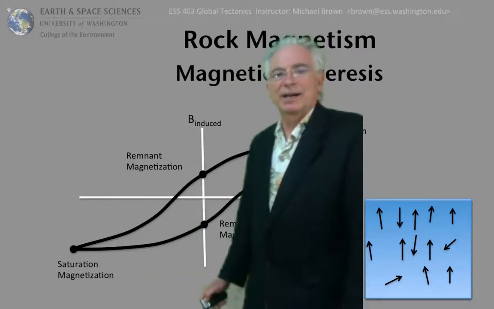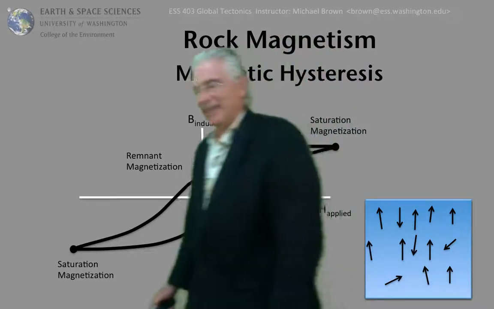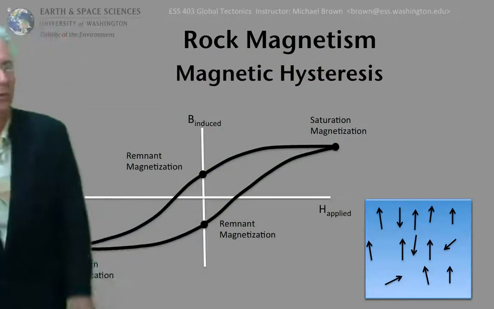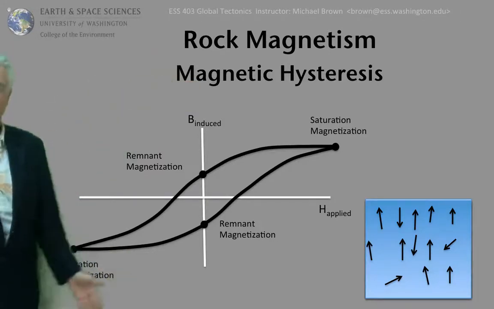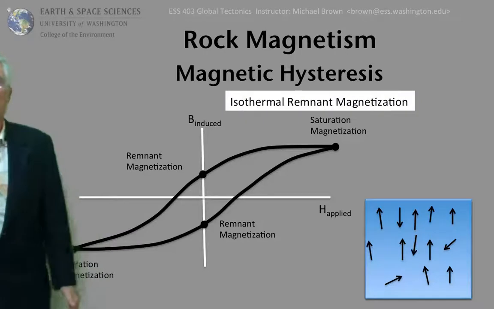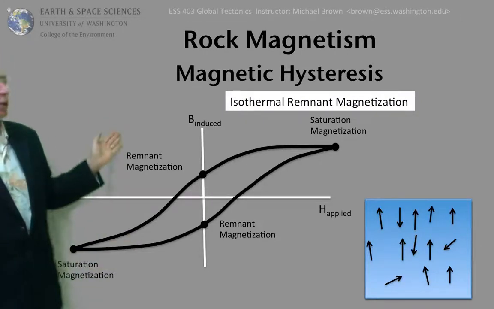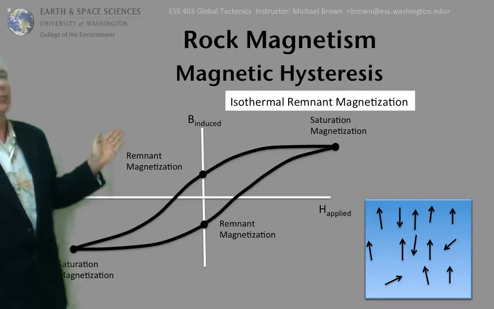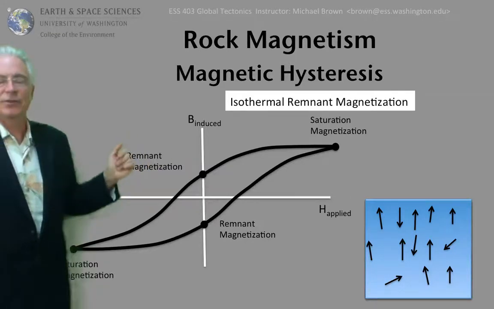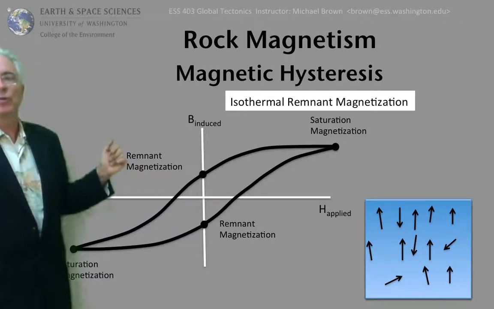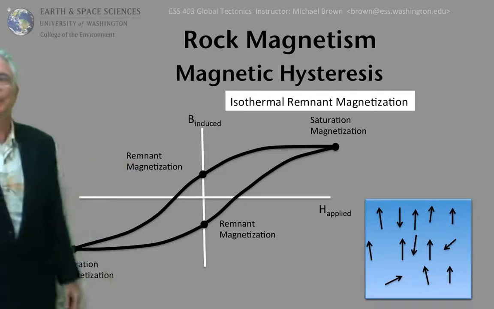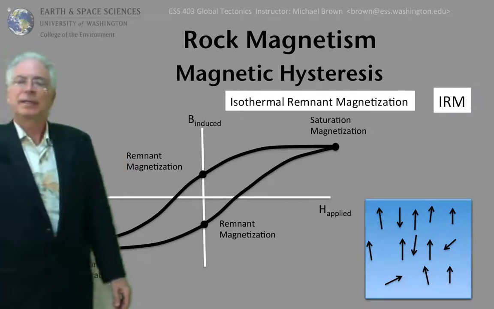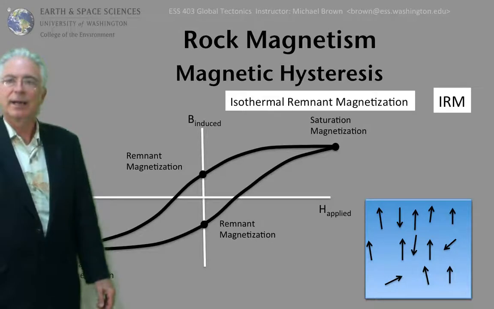Finally, if we apply a strong magnetic field again, we can go back to a strong saturation remnant magnetization in the original direction. So overall, this curve is called a magnetic hysteresis loop, and we have used application of a strong magnetic field to obtain an isothermal remnant magnetization. And we abbreviate that as IRM.